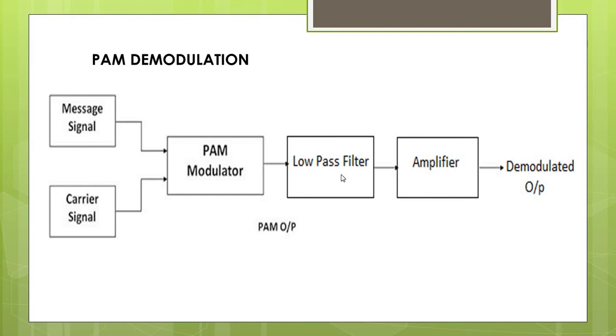The low pass filter removes the ripples present in the PAM output and gives the smooth sine wave, which is the message signal. But because of the presence of noise, the amplitude of the message signal may be very low. So to get the perfect amplitude, this signal is passed through an amplifier where we get the demodulated output, which is the correct amplitude of the message signal.